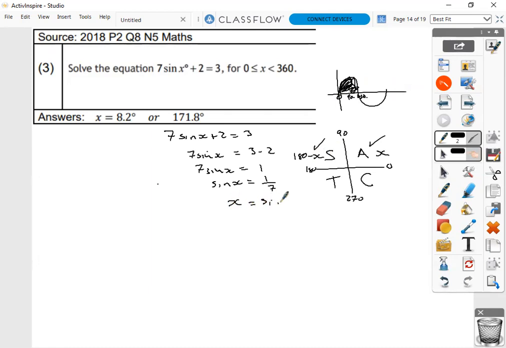Solving that then, bring sine to the other side, sine to negative 1, 1 over 7. That's what I put in my calculator. Sine to negative 1 divided by 7, getting 8.2 degrees.